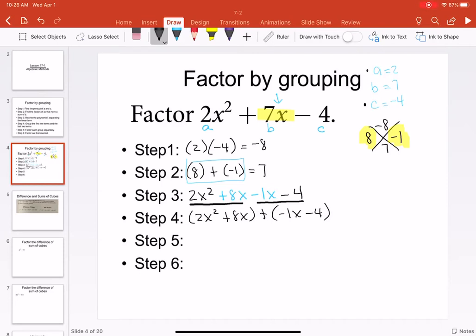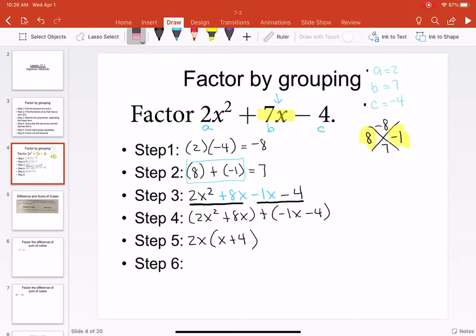What can I factor out of these first two? I can take out a 2, and I can take out an x. So 2 divided by 2 is 1. X squared, and I factor out an x, leaves me 1x. 8 divided by 2 gives me a 4. X divided by x is just 1, so that's what I'm left with.